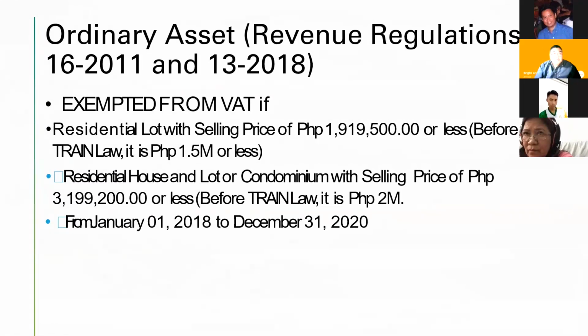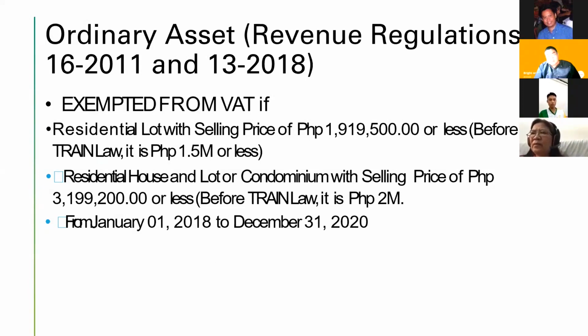So ordinary asset exempted from VAT, but if residential lot with selling price of 1.9 million pesos or less. Before TRAIN law, right now it's 5 million. Residential house and lot or condominium with selling price of 3.1 million or less before TRAIN law, and now it's 2 million.